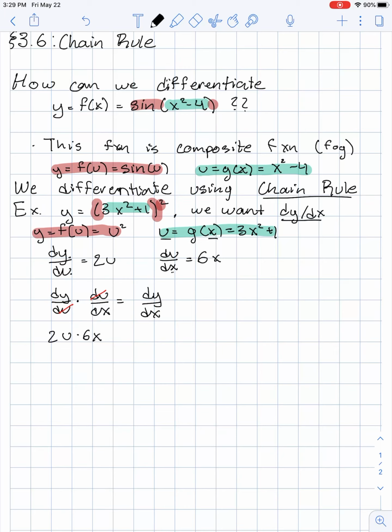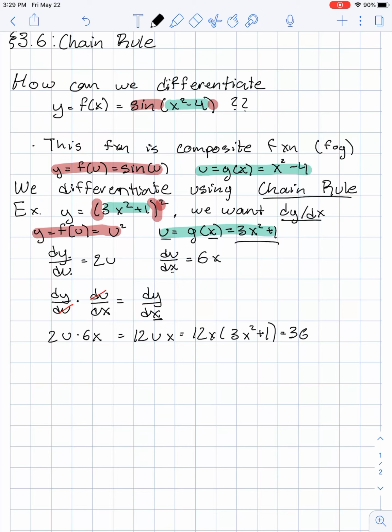So if I do that down here, I'll get 2u times 6x, which is equal to 12ux, but I need this to just have x and not u. So I'll go back up here. What did I call u? I called it 3x squared plus 1. So I'm going to do 12x times 3x squared plus 1.